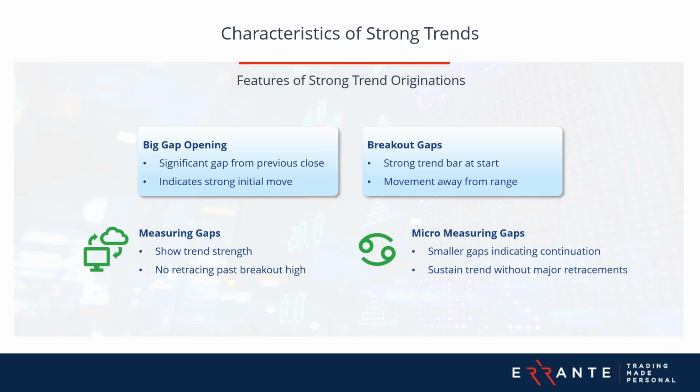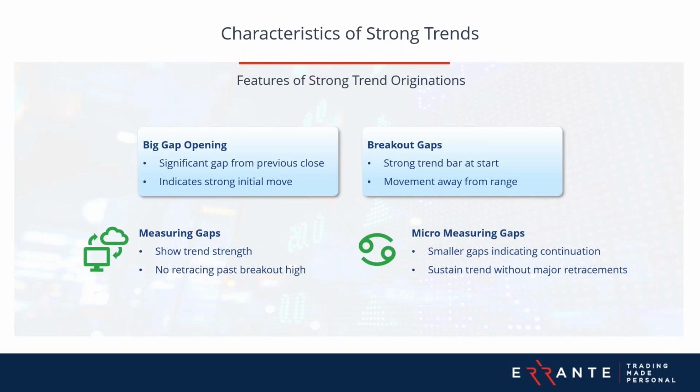Then they suggest continuation of the trend on a shorter scale, and may occur more frequently than larger measuring gaps, especially in highly volatile or fast-moving markets. And this is what we usually see in Forex markets. We see lots of micro measuring gaps during the trading session.